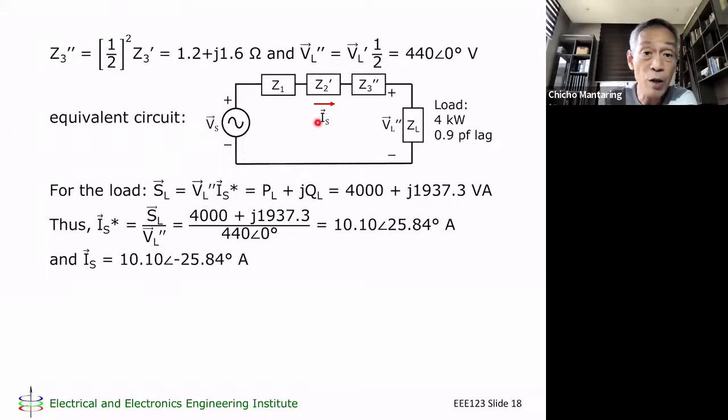I can compute for the conjugate of the source current by dividing the complex power by my load voltage. So this is just a complex power formula. This is going to be the conjugate of my source current, so my source current is just going to have the negative of the angle. So 10.10 at an angle minus 25.84 degrees amperes.